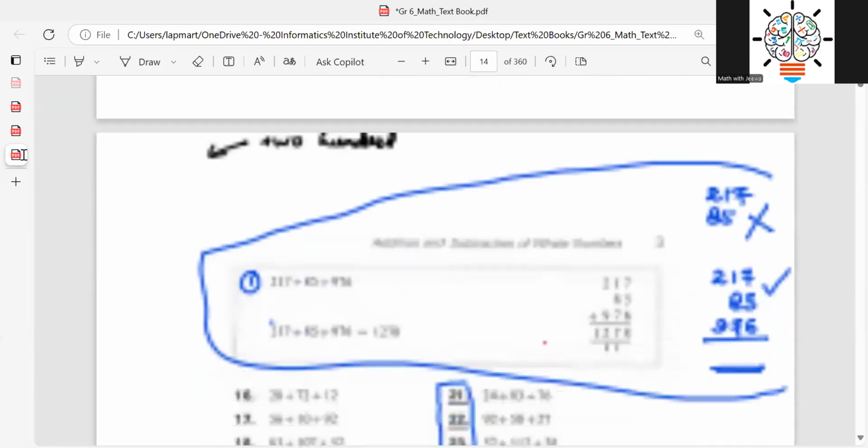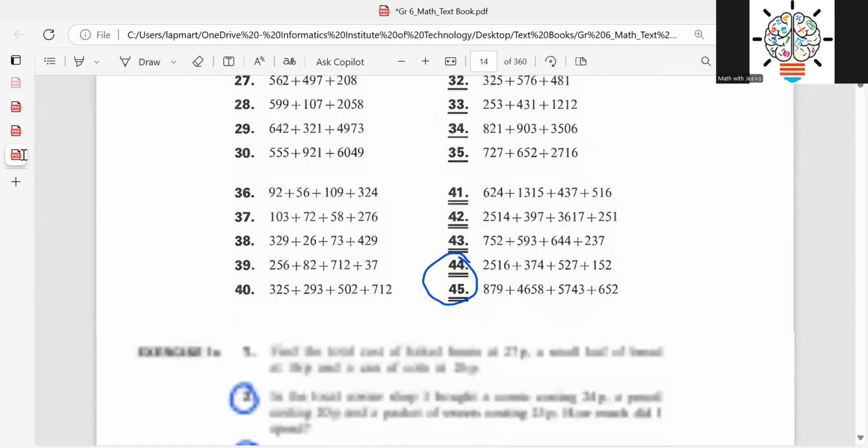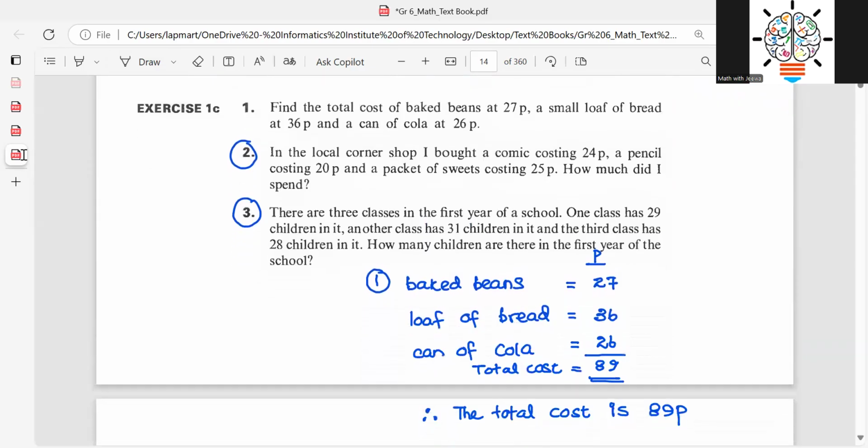If they have given it as a line, you go to the working column, write them vertically, do it from the unit column, and you get the answer. And then you can transfer the answer to this side. And the next one, if they have given a worded problem, first you write down the first question and then show the workings, and see how I have done it. So these are the three things you want to write in your theory book.